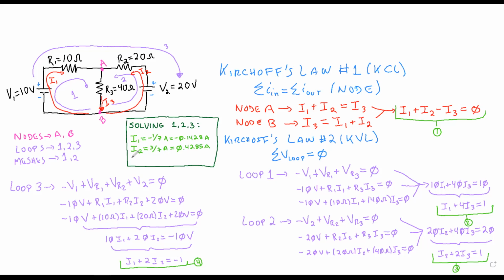And lastly, I3 is going to be equal to 2/7 amps. 0.2857.